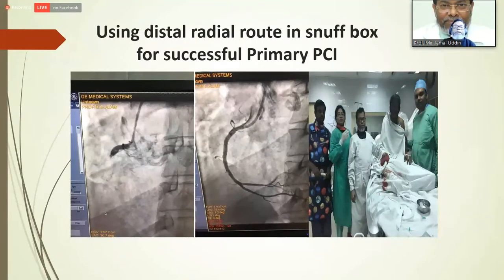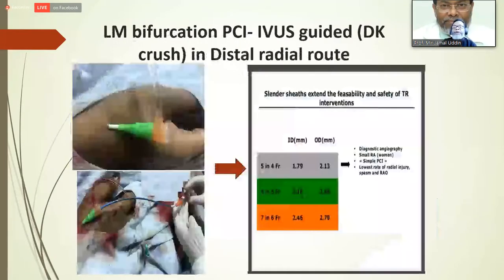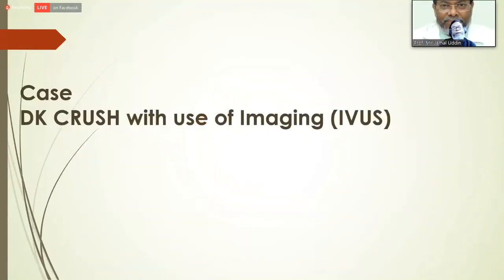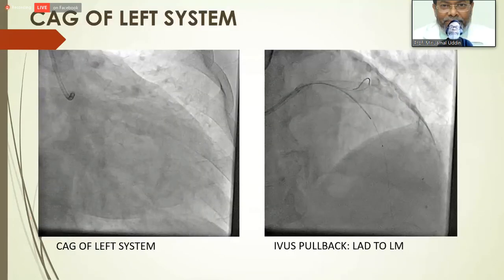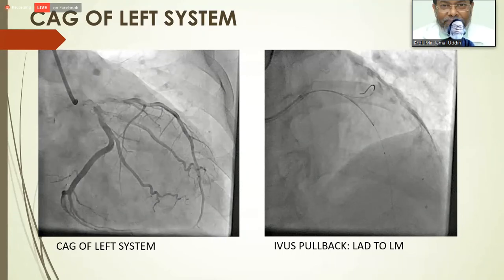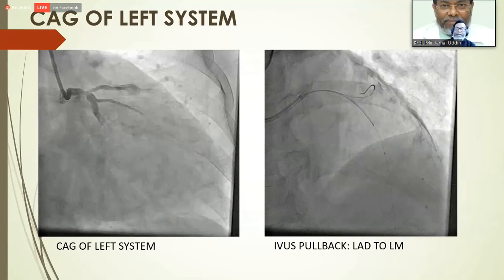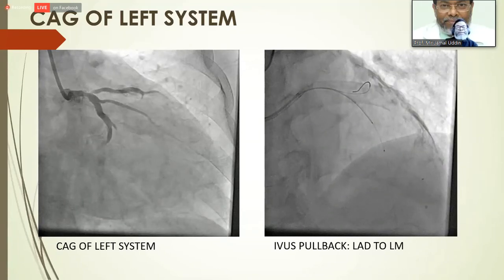This is the 7 in 6 French sheath that we use for a 7 French guide in transradial approach. And here we see distal left main disease, almost 1-1-1. And one thing is important, that the circumflex is almost double the radial. You should carefully see it.